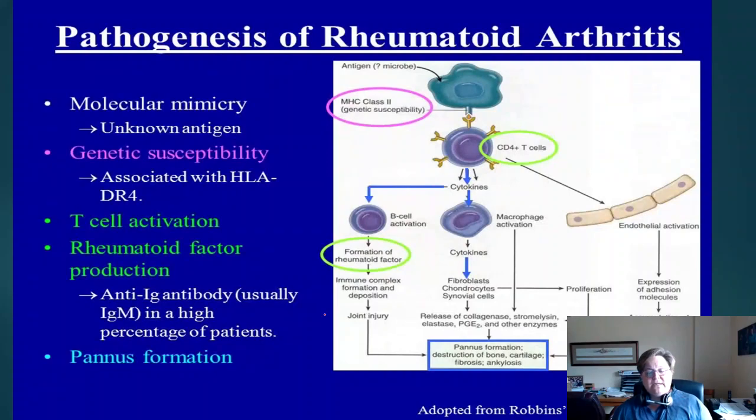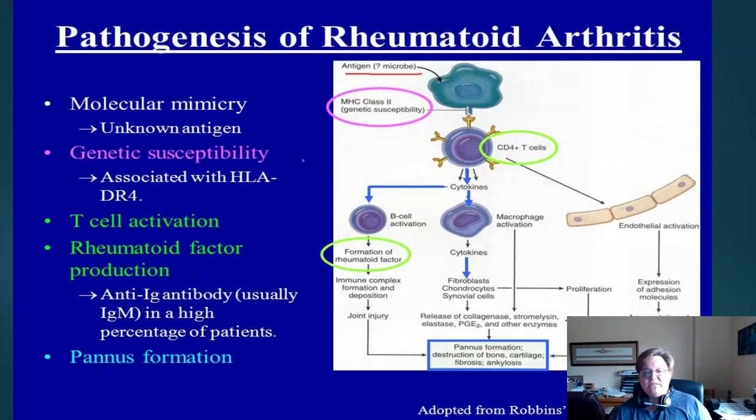So we're going to give you an example of rheumatoid arthritis to just give you an idea of how this happens. We're going to see some molecular mimicry. Typically in rheumatoid arthritis, we don't really know what antigen has caused this yet. So our antigen is unknown, whereas in some cases we know.